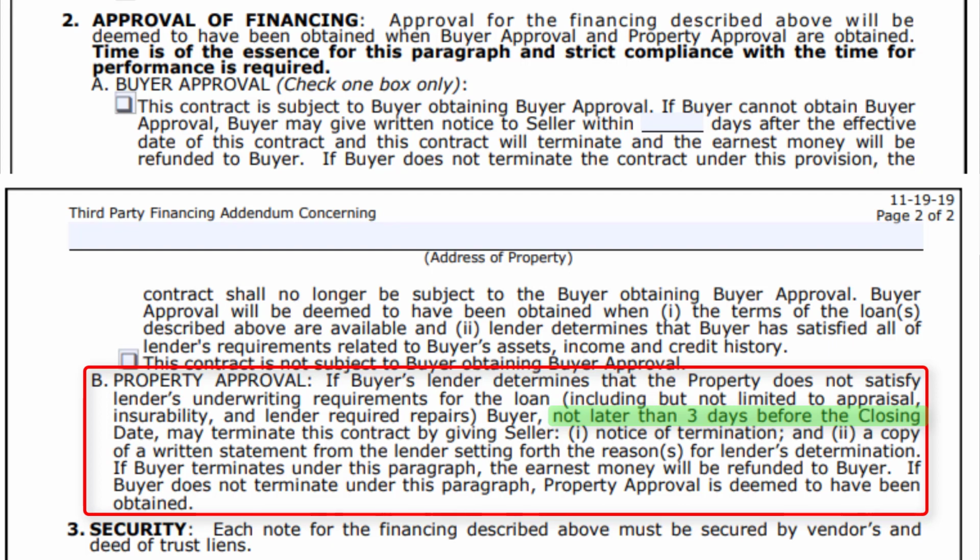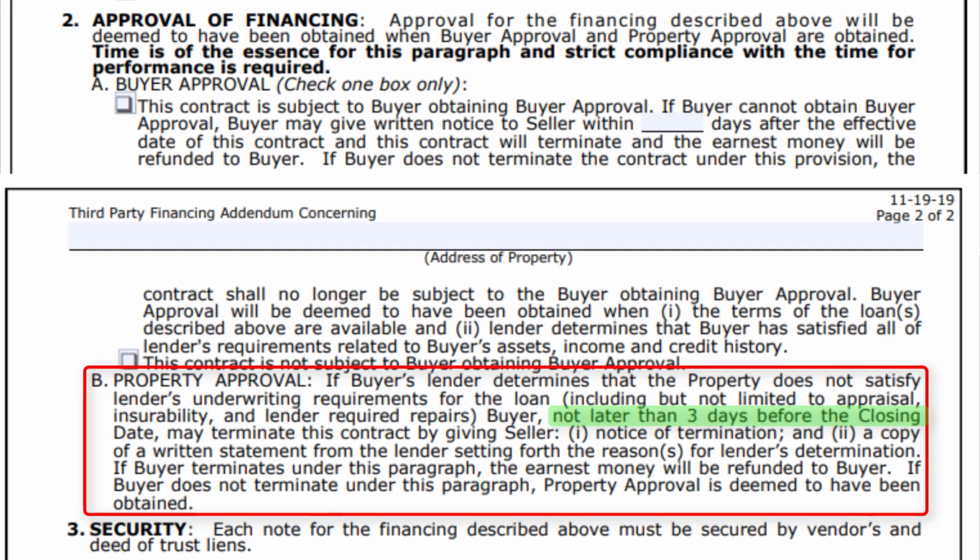Not only that, you have to provide the notice of termination, and you have to provide a copy of a written statement from the lender setting forth the reasons for the lender's determination that the property is not lendable. Both of these have to be provided no later than 3 days before closing. Last year we had a number of transactions, I want to say probably 7 or 8, where they were our listings, and the buyer and the buyer's agent came to us.